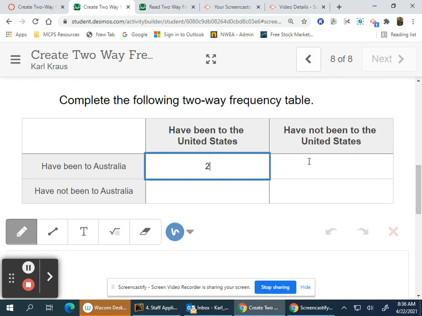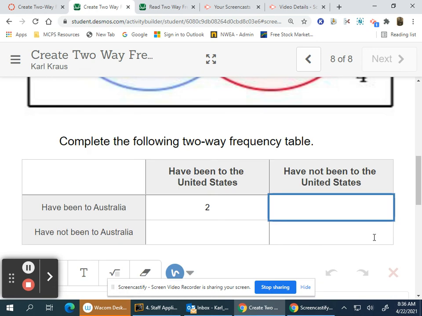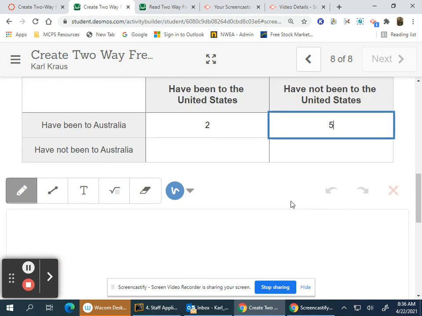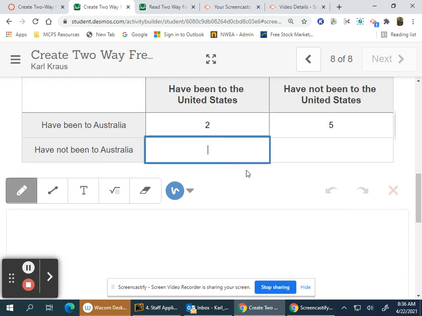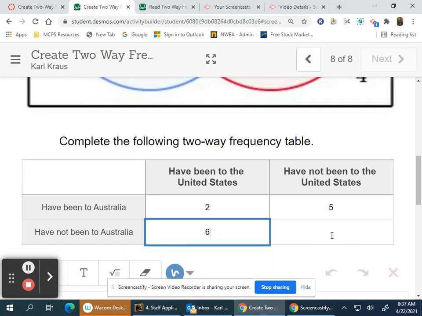Australia, but not the United States, is that number, 5. United States, but not Australia, is a 6. And neither would be 4.